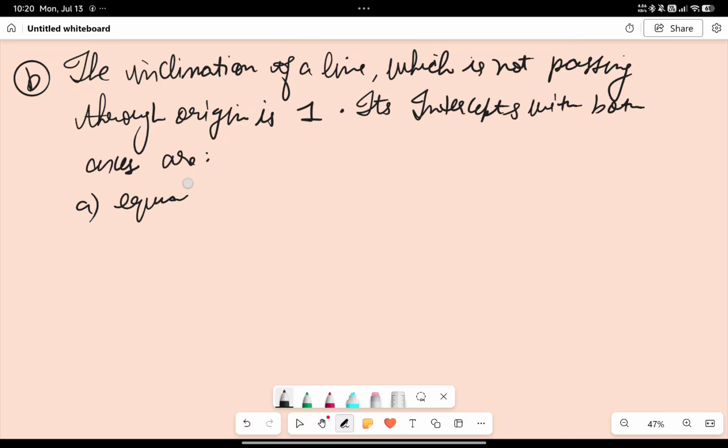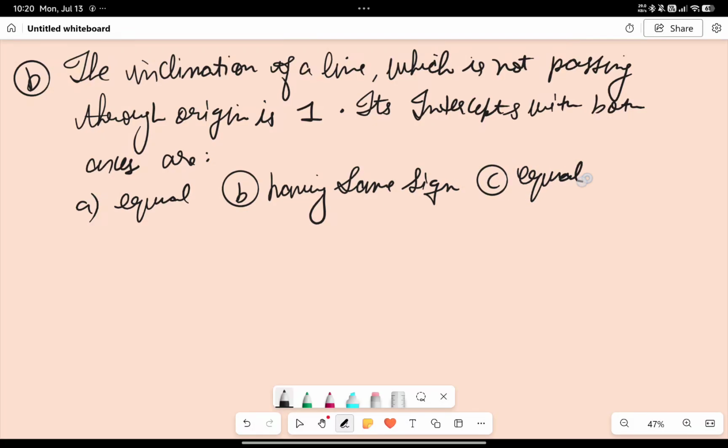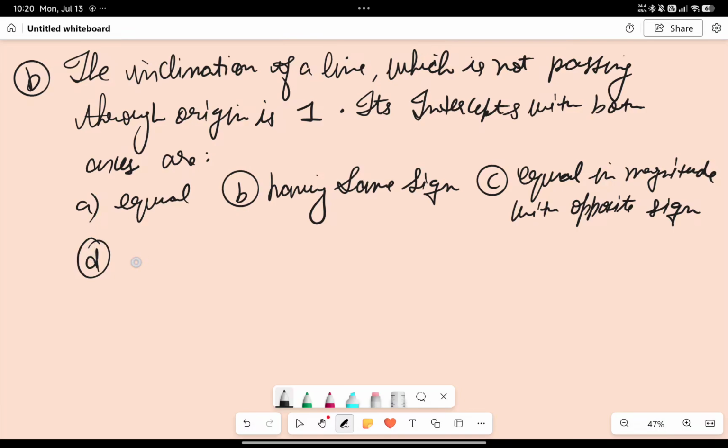A option is equal, B option is same sign, C option is equal in magnitude with opposite sign, D option is not equal.